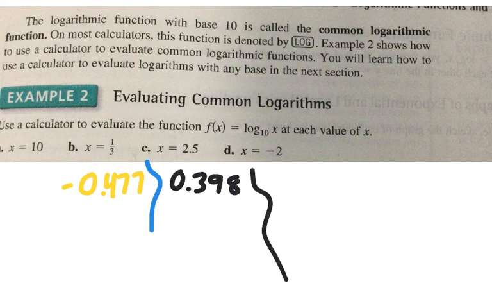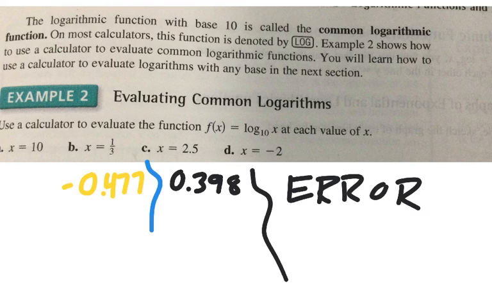If you put in your calculator log of negative 2, it says error, non-real answer. So you're getting into the imaginary realm. So my argument cannot be negative. That's fine. Undefined, error, no solution, no real solution. Does not exist.